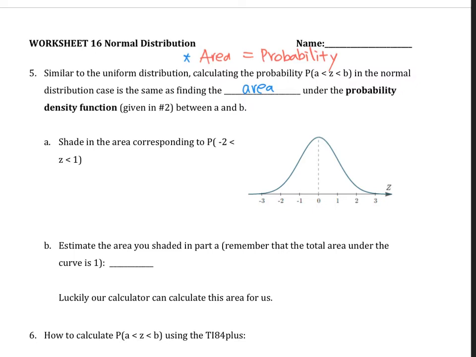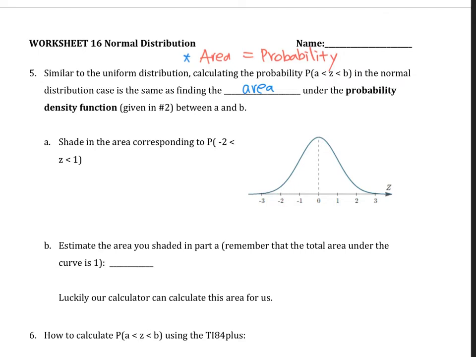That's why we have this graph. If a certain area has high probability, it has a lot of area because the graph is tall. If a certain area has low probability, that area is very small. So we'll translate the probability question into an area question, look at the graph, and try to figure out the area.